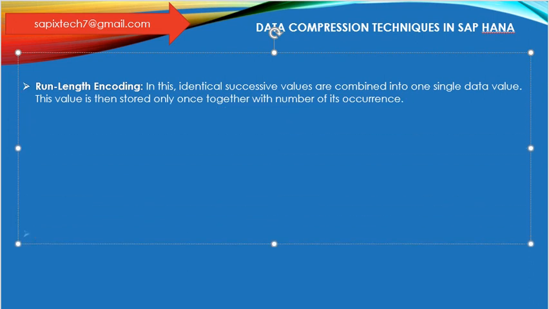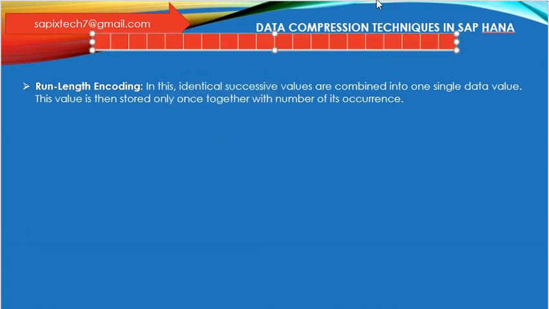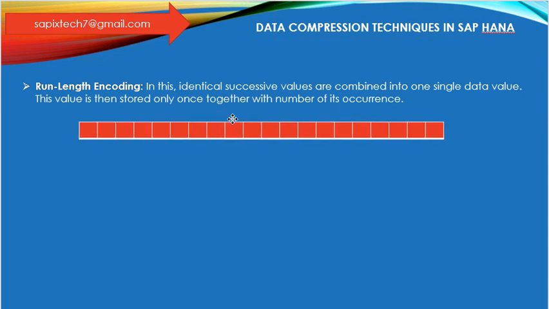For this, let me create one table again, and for example we have 20. You have understood what this table is. Actually this is the main memory.